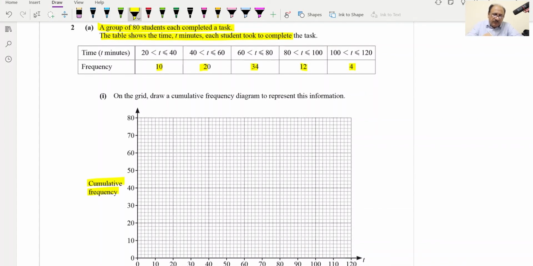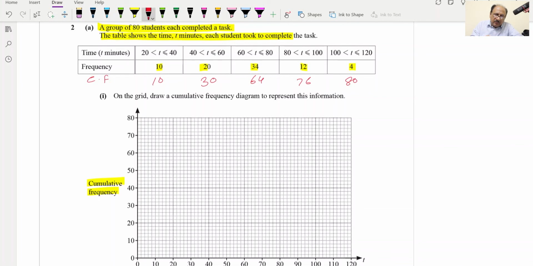So the cumulative frequency column is not provided. We can add, for example, this will be only 10 over here, and this 10 will be added to this 20 and we will get 30, and then 30 plus 34 will be 64, 64 plus 12 will be 76, and 76 plus 4 will be 80.